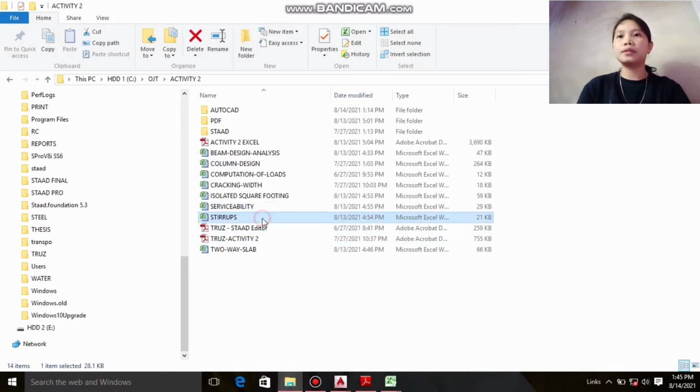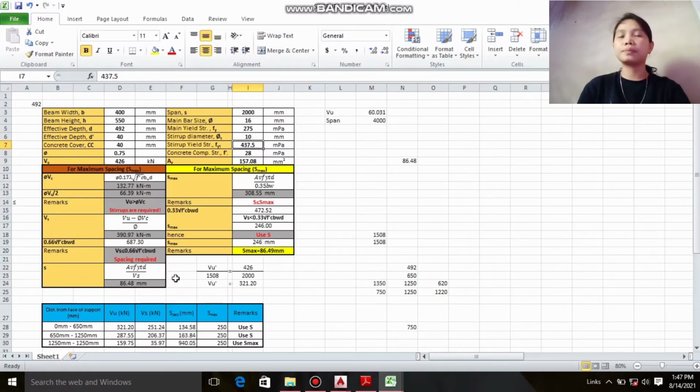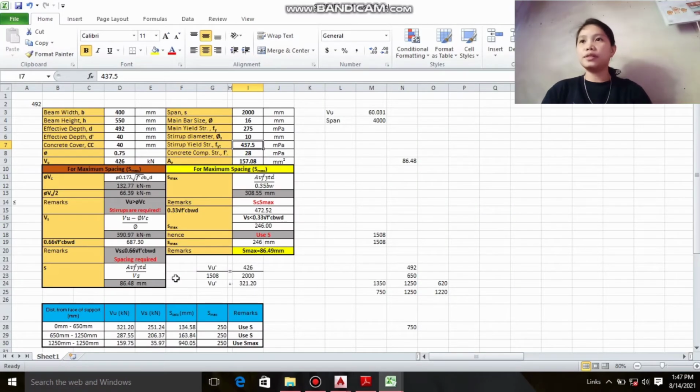And for the stirrups, beam width is 400 mm and the beam height is 550 mm and the effective depth 492 mm. The effective depth prime 40 mm. The concrete cover 40 mm.